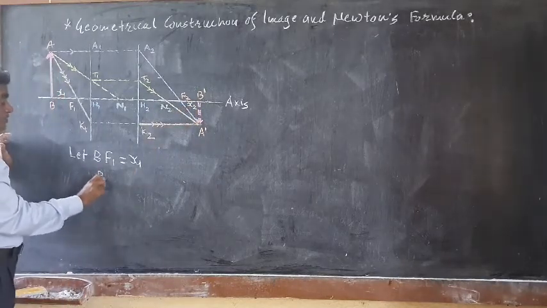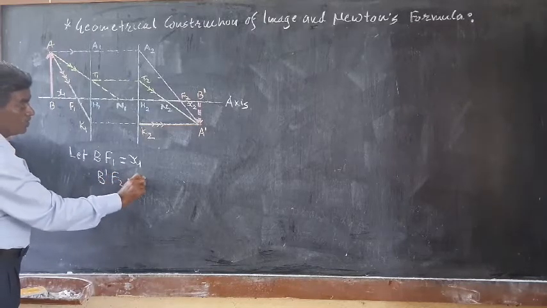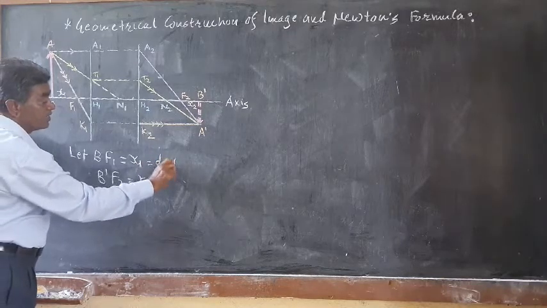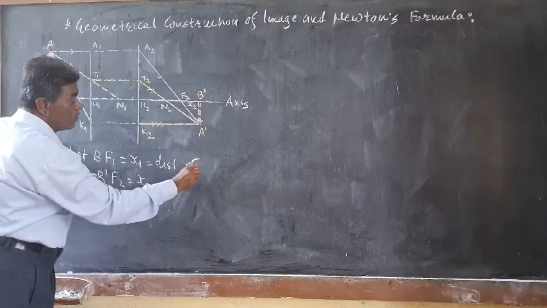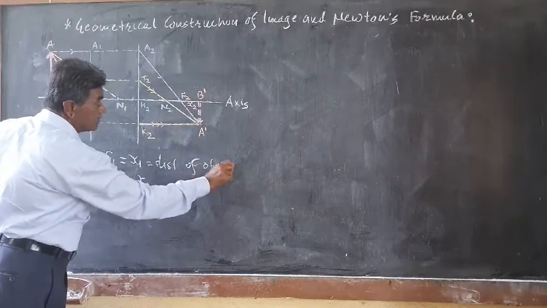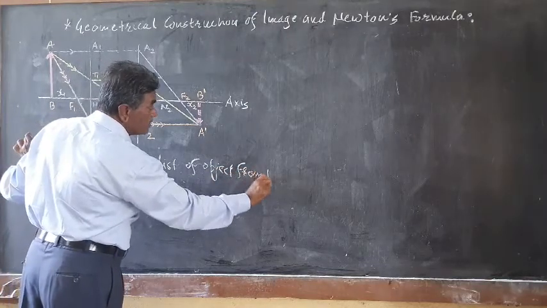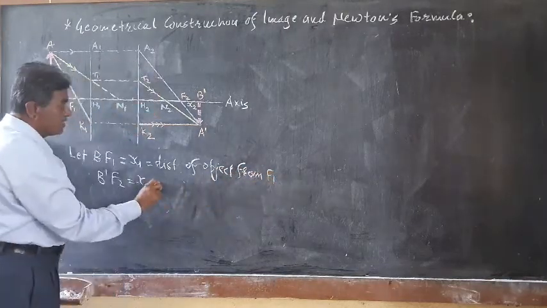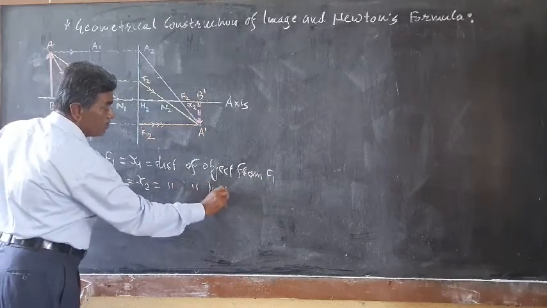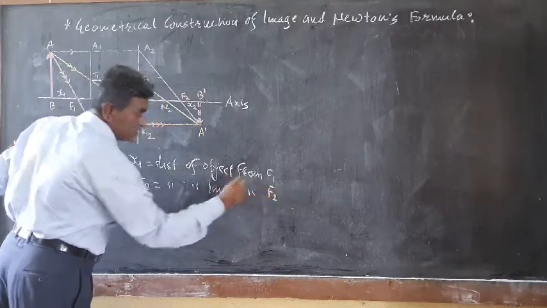So B dash F2 is equal to x2. It is the distance of the object from the first focal point, that is F1. And this is the distance of the image from the second focal point, that is F2.